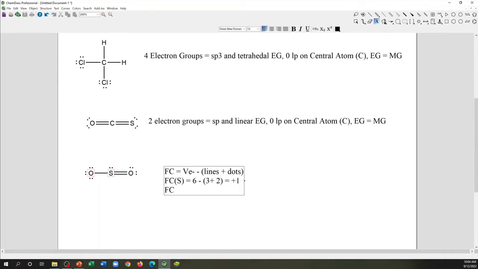And the formal charge of the oxygen over there on the left-hand side is equal to 6 valence electrons minus, we have 1 line plus 6 dots, so 6 minus 7 is equal to a negative 1. So this particular structure that I've drawn is a resonance structure where the oxygen has a negative formal charge and the sulfur has a positive formal charge.